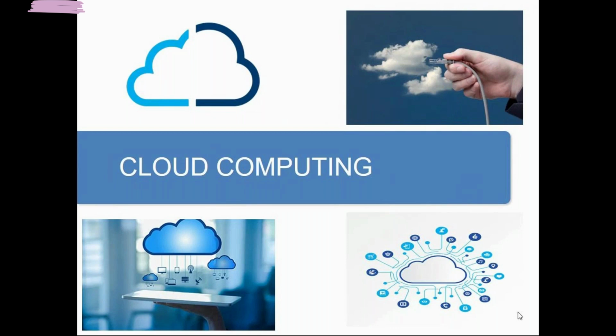What is your requirement for how many employees you want to have the data maintained? What data you want to maintain in the system? Depending on these conditions, you will be procuring a server. You go procure a server, place it in your office, and then connect all of your systems to that server.